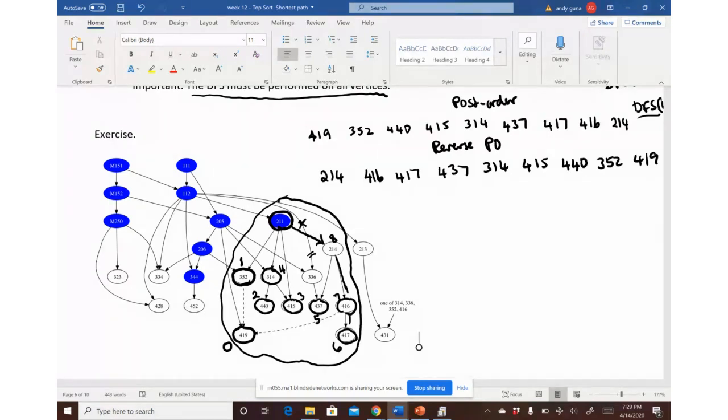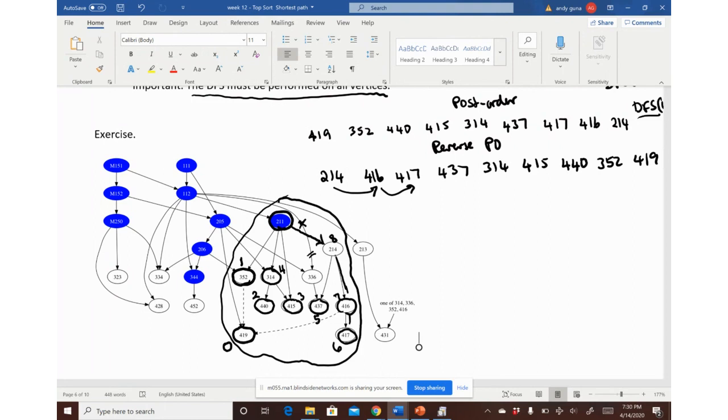So if you have 214, I can go to 416. There's an edge there. From 416, I can go to 417. And 437 is kind of like a node that, how did I get to 437? Not really sure. Or through 214, right?